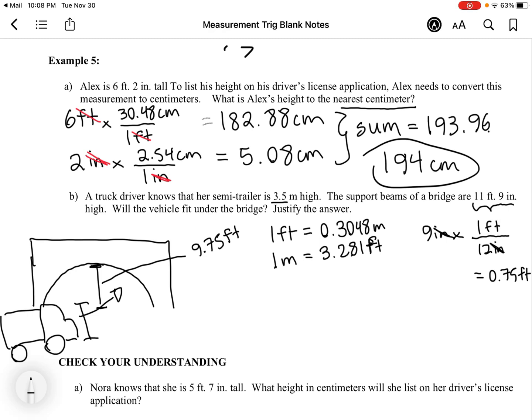Okay, so if I want 3.5 meters in feet, maybe I'll pick the second one where the 1 is in the denominator. It really doesn't make a difference though. Okay, and then these cancel. And that is, let's see, 3.5 times 3.281, 11.48.